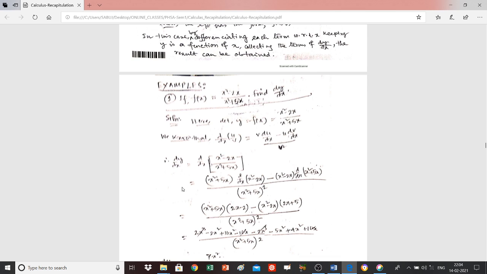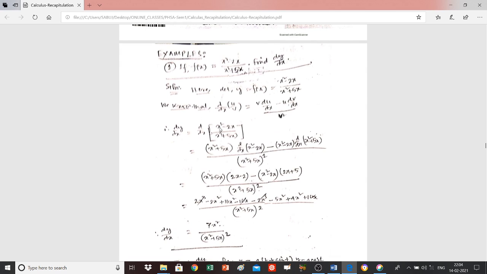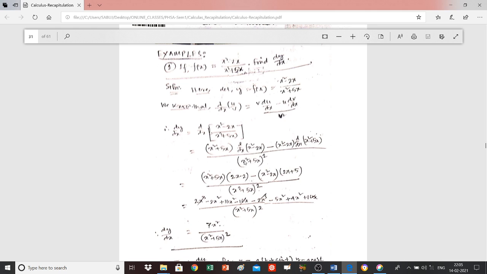Then you can write dy by dx is equal to d by dx of this. First, here x square plus 5x is constant, then d by dx of x square minus 2x. After that, you keep x square minus 2x as constant and differentiate x square plus 5x, all divided by (x square plus 5x) whole square.